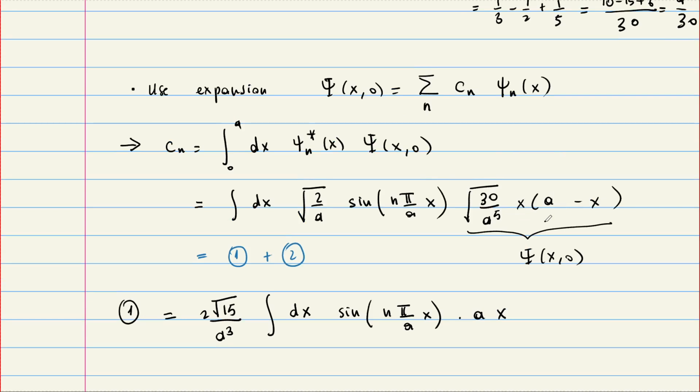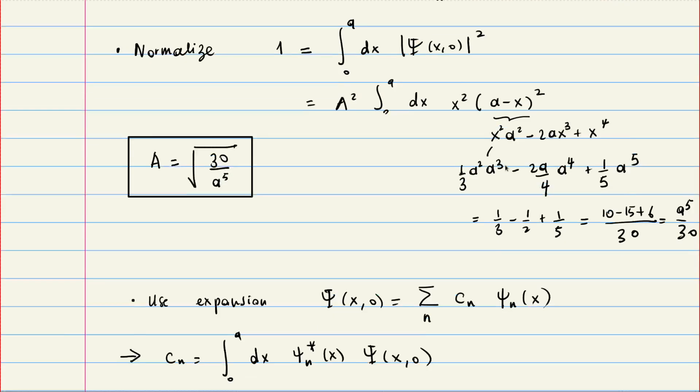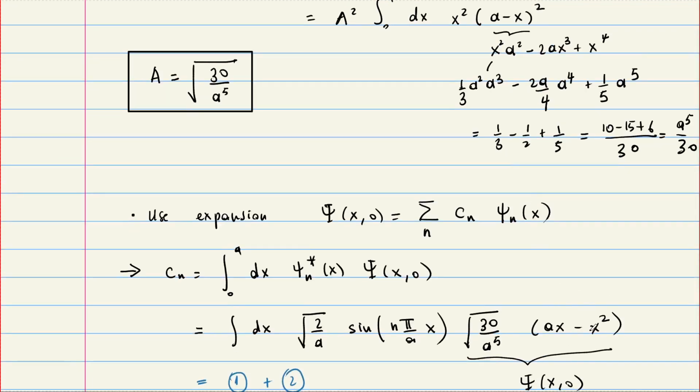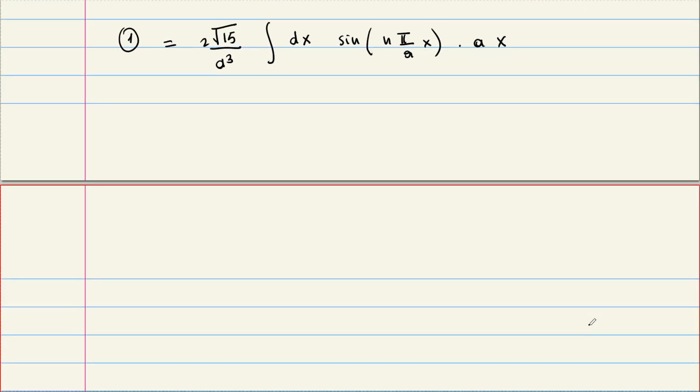Because I wanted to calculate each term separately, I put the x inside. This is ax, this is x squared. And in the normalization here, we had to take the square of the wave function. Right? That's why in the normalization, we had the square of this whole thing. All right, any other questions?